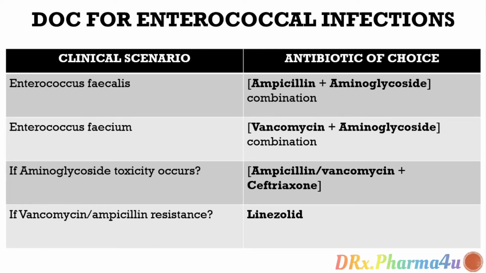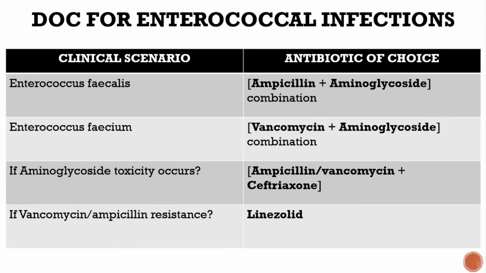Always remember, even if aminoglycosides are used in Enterococcus, aminoglycosides are usually active against gram-negative organisms in comparison to gram-positive. And if at all it is used in gram-positive infections, it is used in combination with some other antimicrobial. So in Enterococcus faecium, the combination choice is vancomycin plus aminoglycoside.